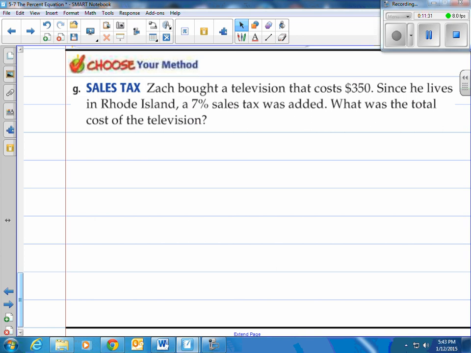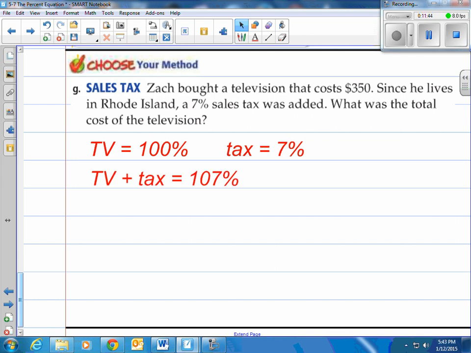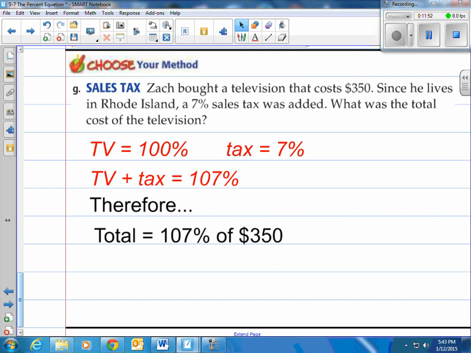All right, so what do we have? We've got a TV, which we'll call the 100% value. That's the cost of the TV. And then the tax value, which is 7%. When you put those two together, you get 107% of the value that you have to spend. Therefore, we have to find 107% of the value of the television, which is $350.